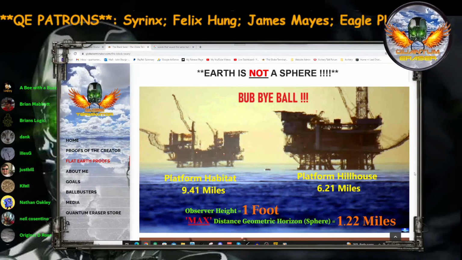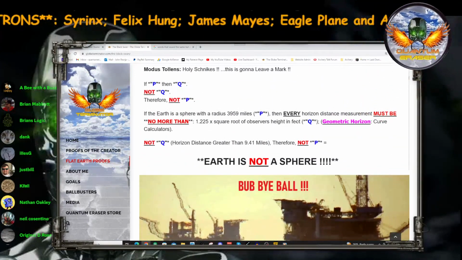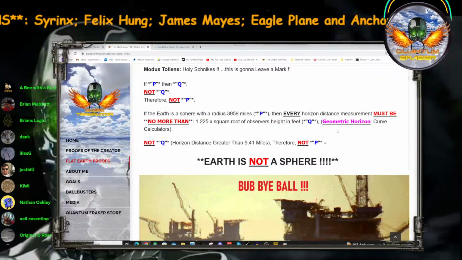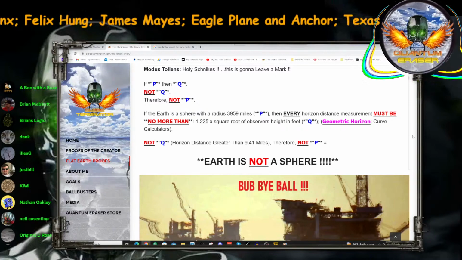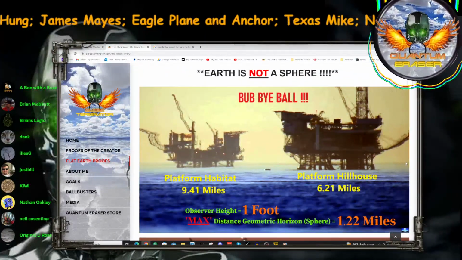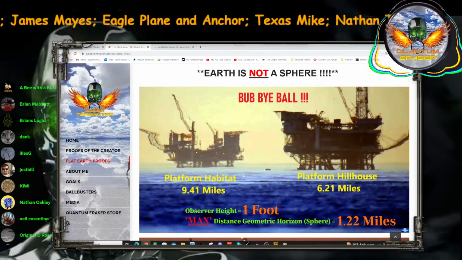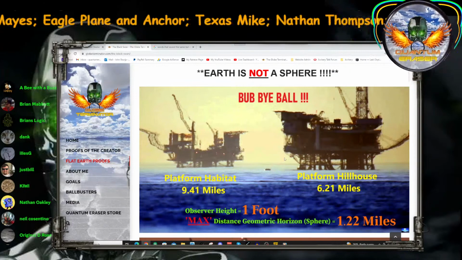That's what I was referring to. But the horizon distance measurement is the key to the argument. I think it's patently obvious that people don't understand the argument, and they just looked at the photo.